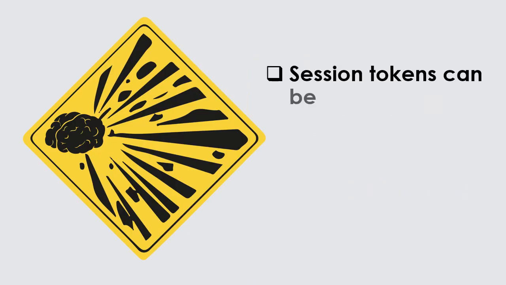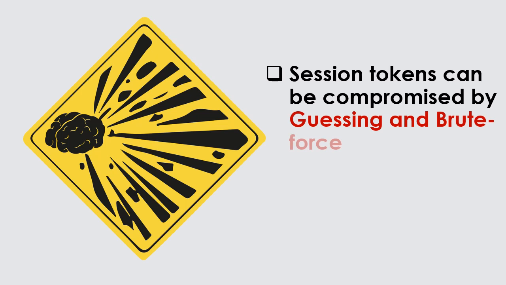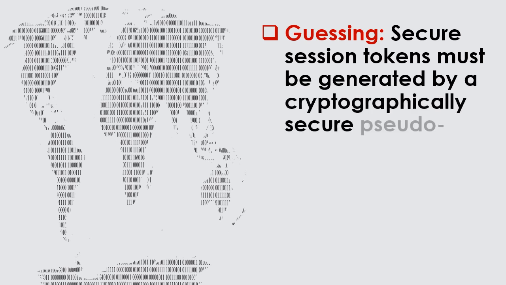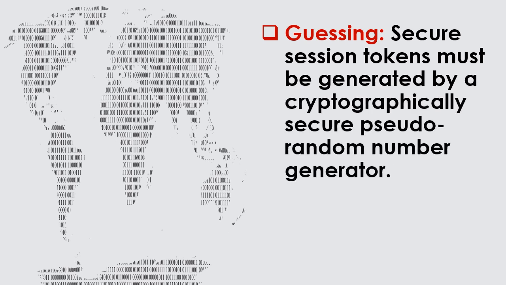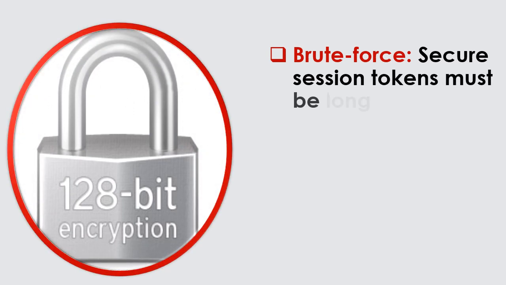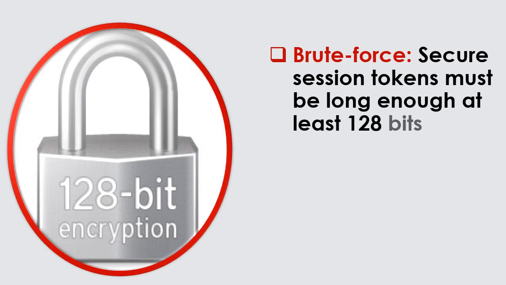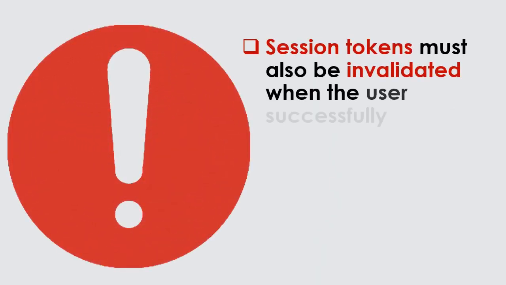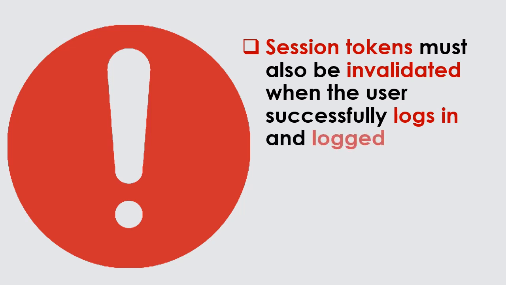Session tokens can be compromised by guessing and brute force. Guessing: secure session tokens must be generated by a cryptographically secure pseudo-random number generator. Brute force: secure session tokens must be long enough, at least 128 bits. Session tokens must also be invalidated when the user successfully logs in and logs off.